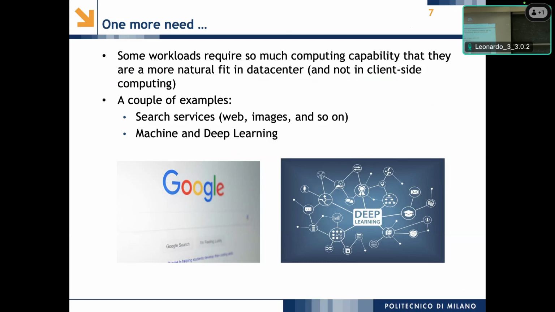So that's an example of a service that cannot run in a single node, but requires several nodes within a data center.